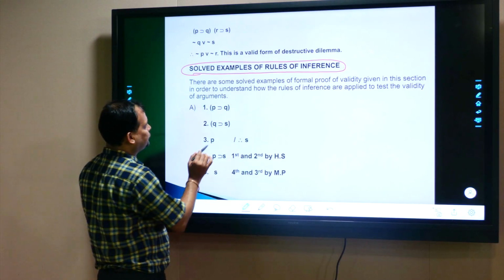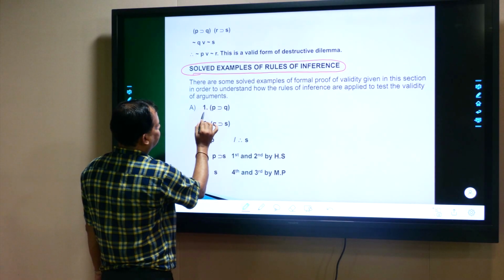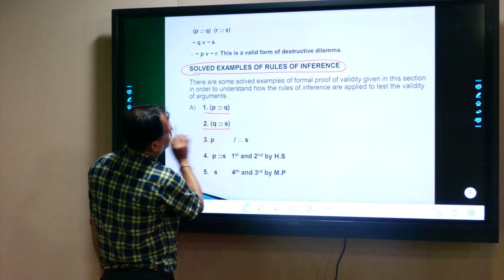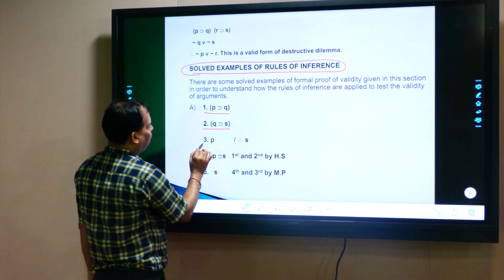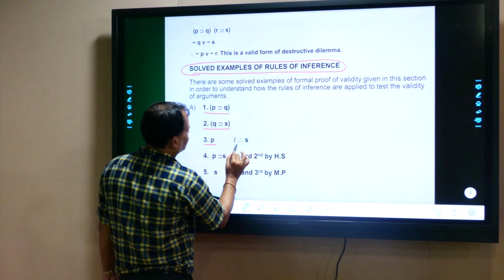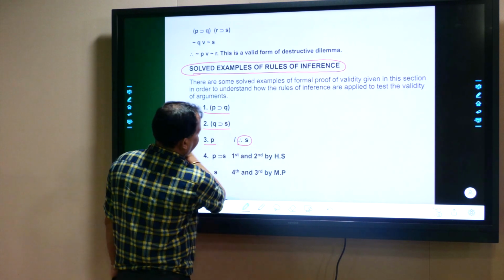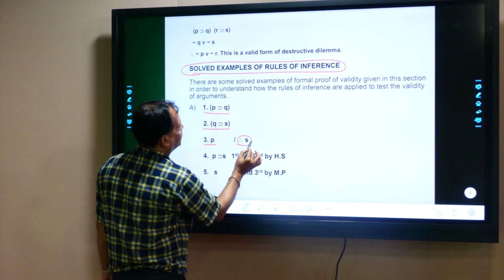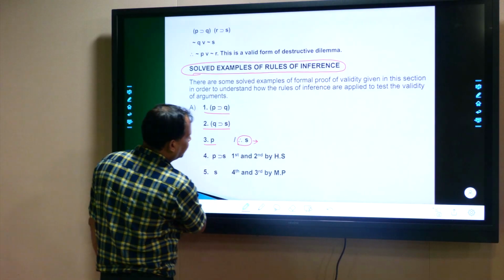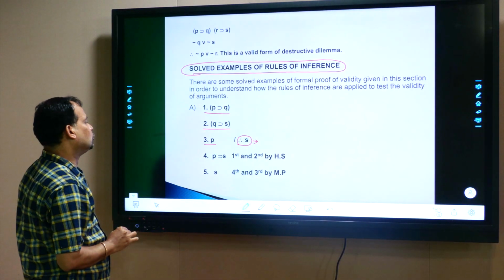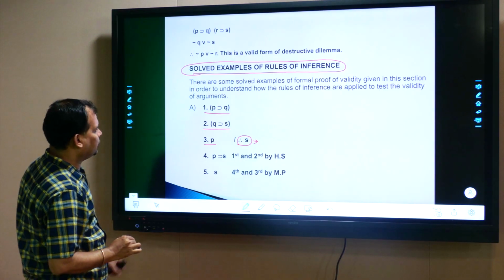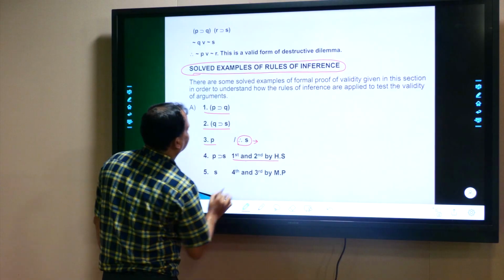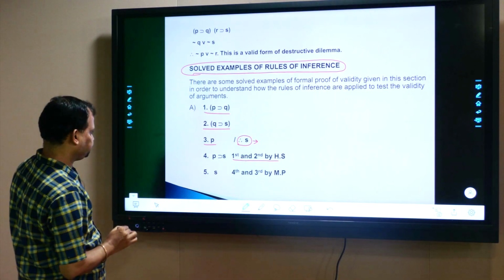Now dear learners, you see, first step is P implies Q, second one is Q implies S, third one is P, and the conclusion is S. Now you see, how can we find out the conclusion S applying the rules of inference? Now dear learners, you see, first and second by hypothetical syllogism.